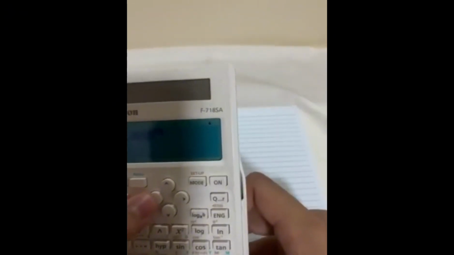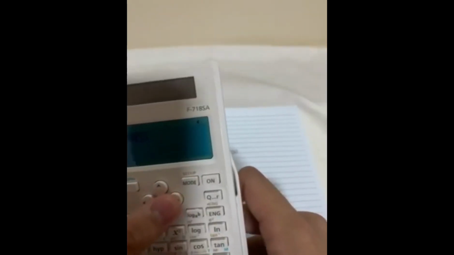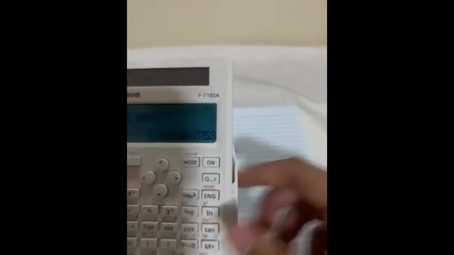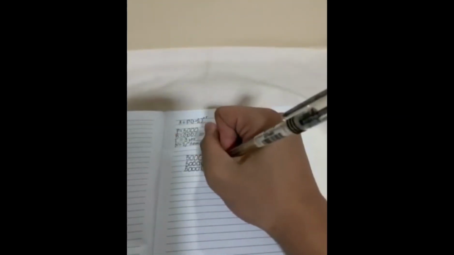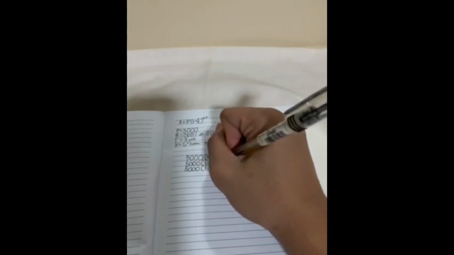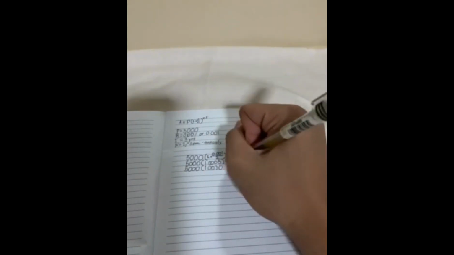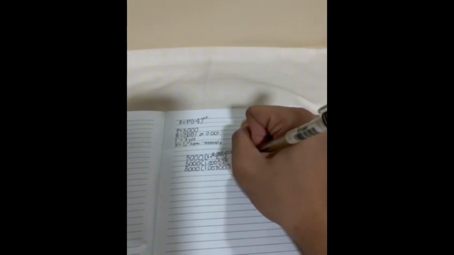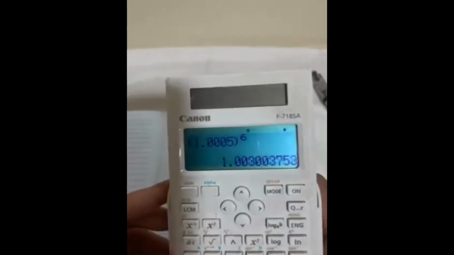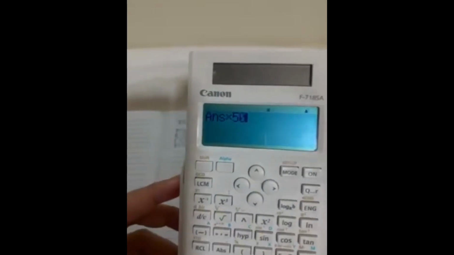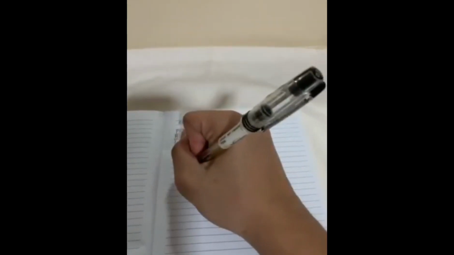And then we simply raise the 1.0005 to the power of 6, which gave us 1.003003753. And then we multiplied it to the given principal, which is 5,000, to get 5,015.018763.